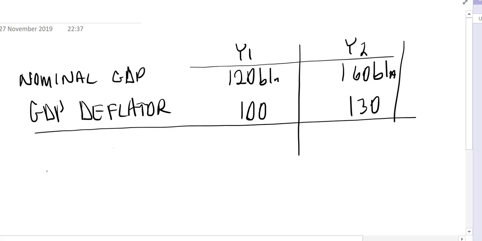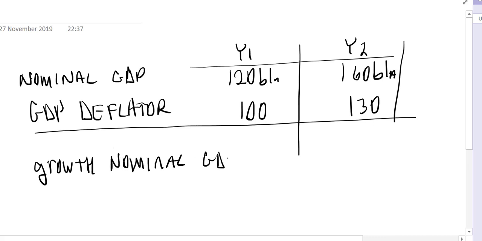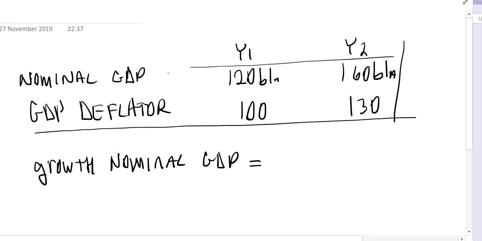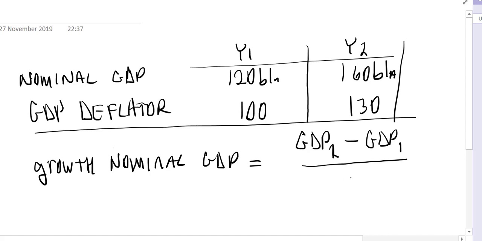So let's calculate. This is not required, but I'll calculate the growth of nominal GDP as well. Using the growth rate formula, the growth of nominal GDP is equal to GDP for year 2 minus GDP year 1, the current value minus the previous value, over GDP year 1, times 100.